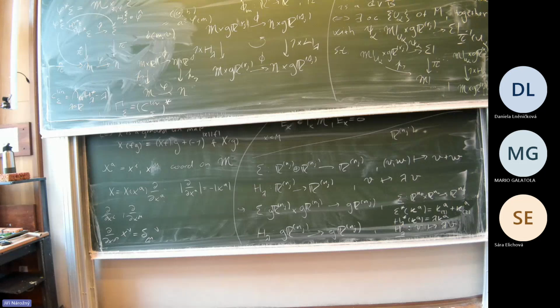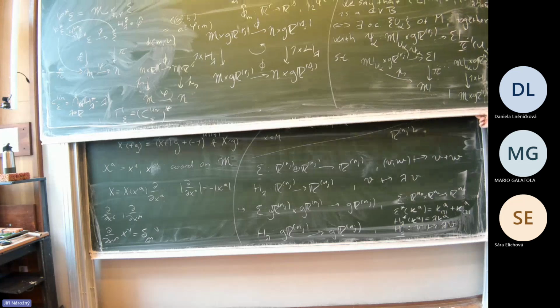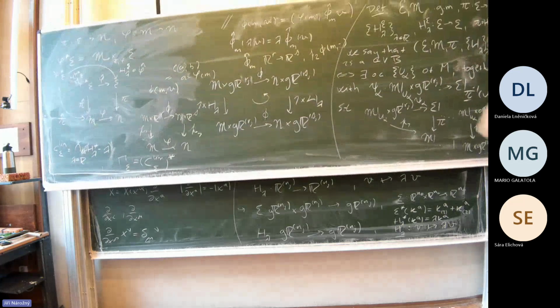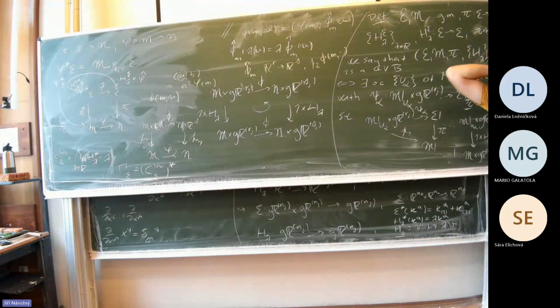Maybe a quick question. So here we have the graded vector bundles. How far are you from graded principal bundles or something like that? Not far. Yeah, this will be the next paper. Rudolf wrote a master thesis on graded principal bundles.